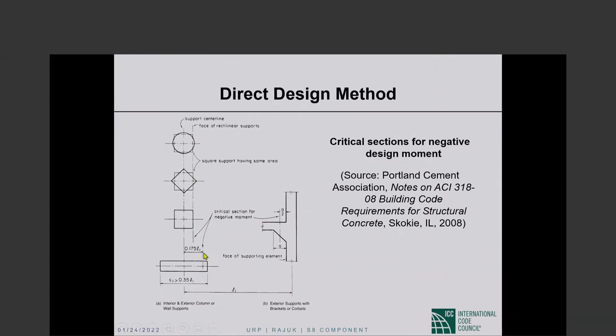Remember the clear span cannot be any less than 65% of the center to center span. So 35%, half of that is 17.5%. So essentially the support face moves here.